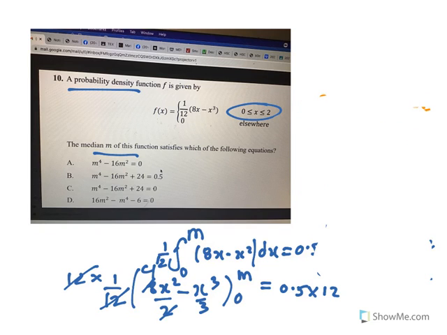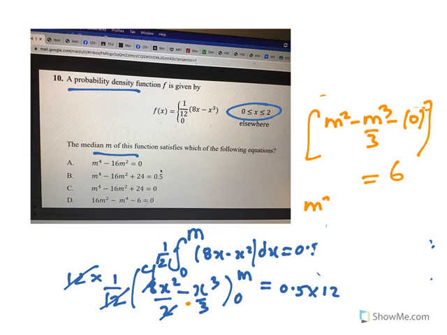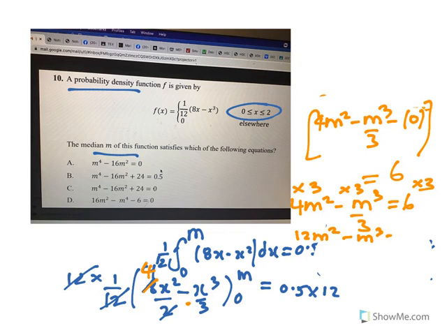I still can do that, but I've got to put the m in. So it's going to be m squared minus m cubed on 3 minus 0, equals 6. So it's 4m squared minus m cubed on 3 equals 6. Times everything by 3, you get 12m squared minus m cubed equals 18.